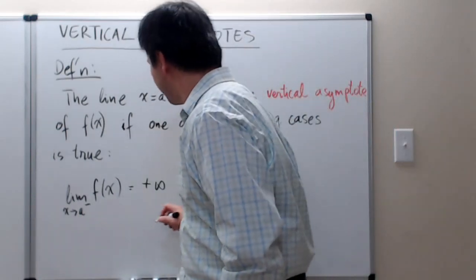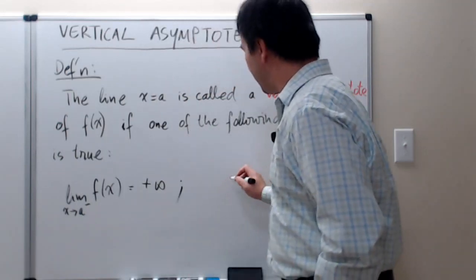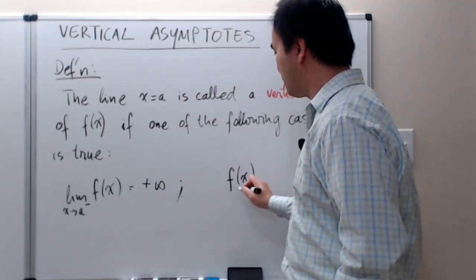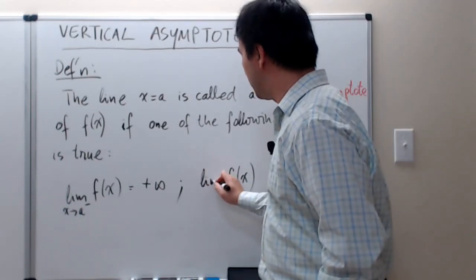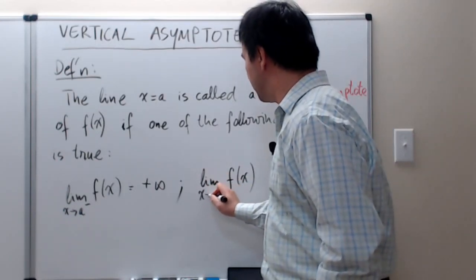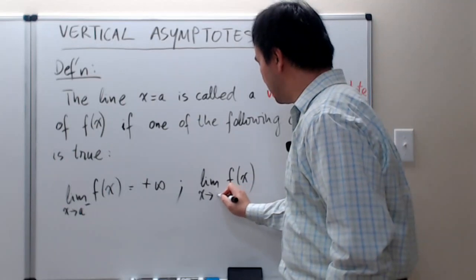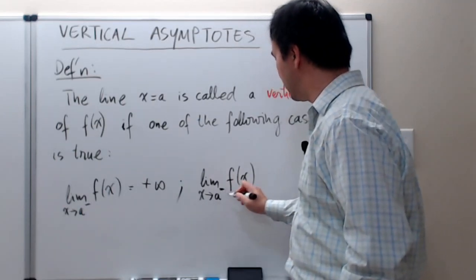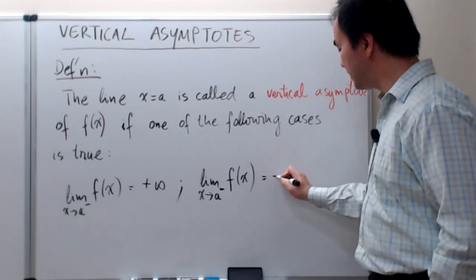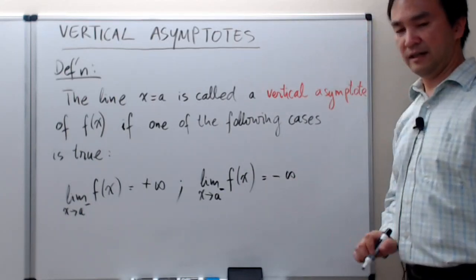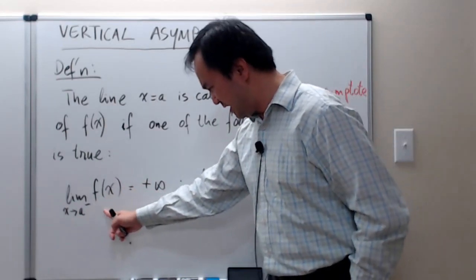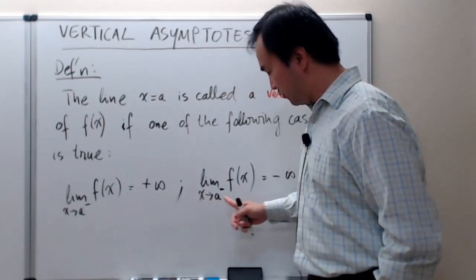Or, for the same function, the limit as x goes to a from the left-hand side goes to negative infinity. That's another case. We don't need to have both, as long as we meet one of these requirements.